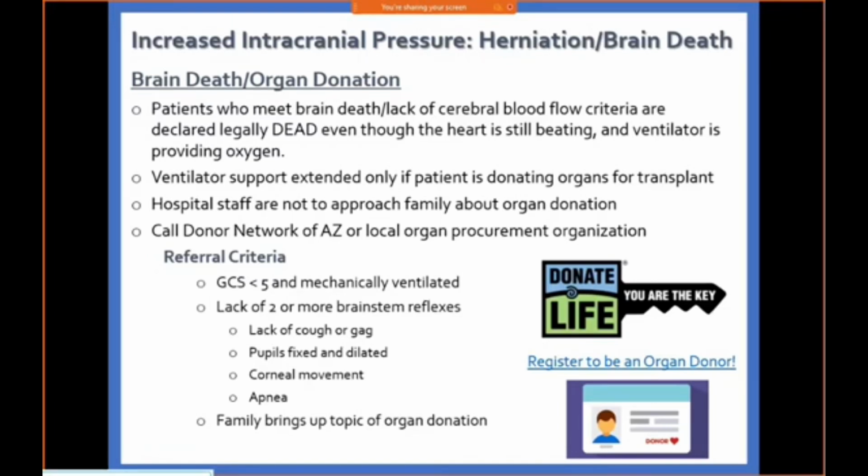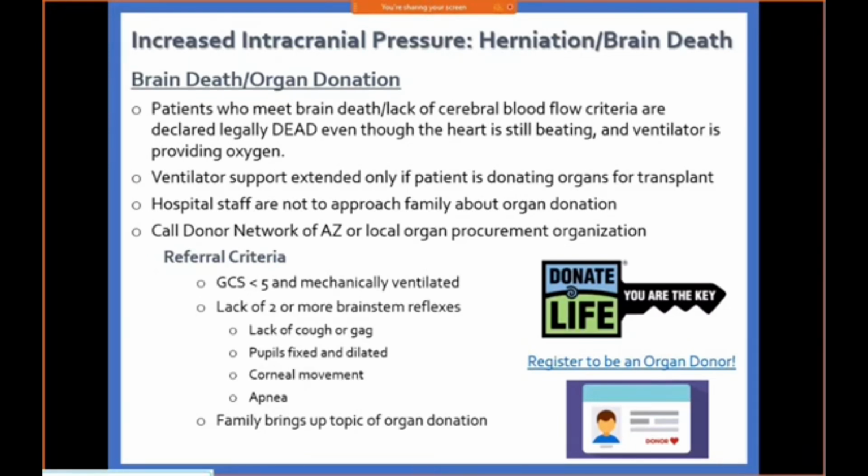So they remove hospital staff from the discussion of organ donation. It's done by a third party, which is the organ procurement organization, and here in Arizona, it's Donor Network of Arizona. You call them when they have referral criteria, and they take that discussion out of your hands. You don't need to worry about it.